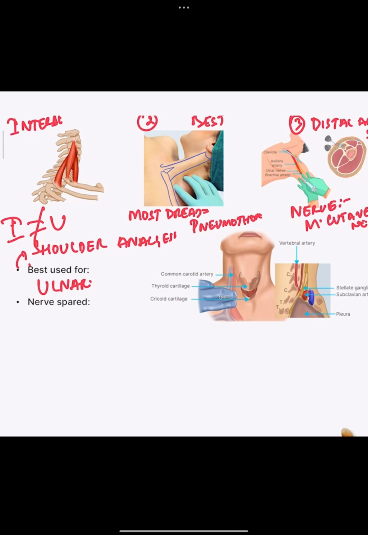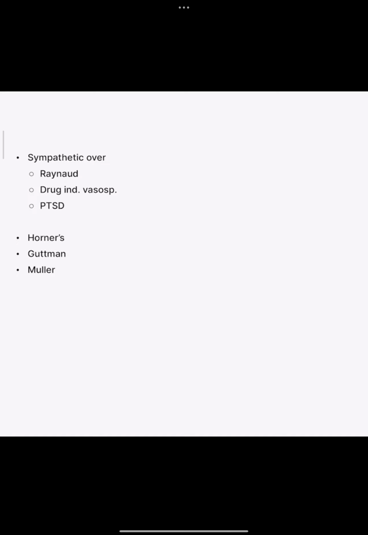In which condition is sympathetic overactivity seen, guys? In Raynaud's disease. You can block the stellate ganglion in the case of Raynaud's disease, or if there is any drug-induced vasospasm, or if it is PTSD.